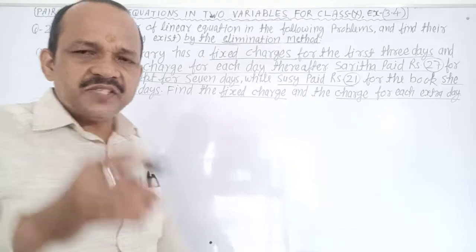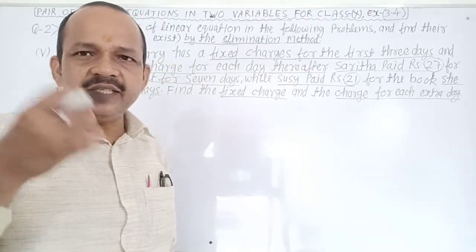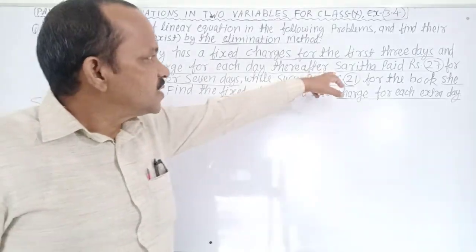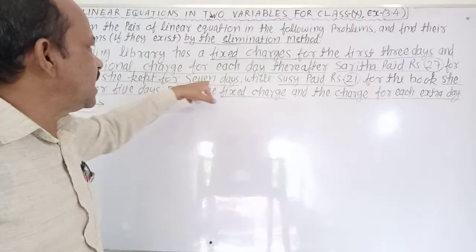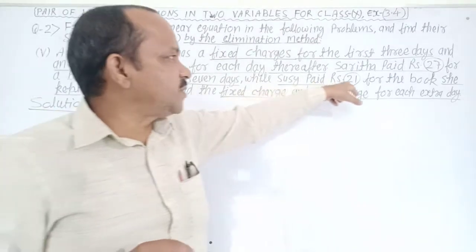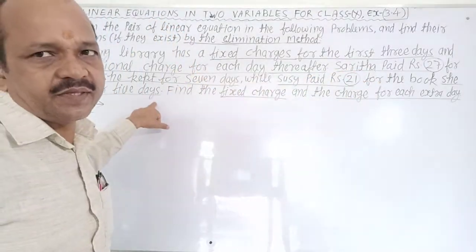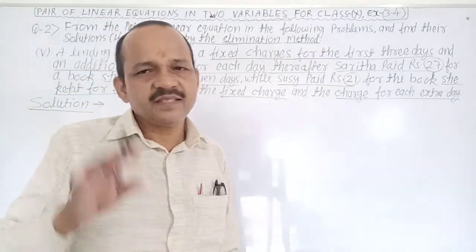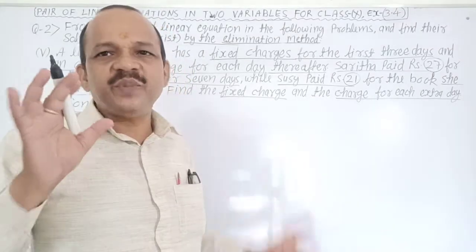Sarita paid 27 for a book she kept for 7 days. And Susy paid 21 for a book she kept for 5 days. Find the fixed charge and additional charge. Clear? No confusion about it. Very good. It is very easy.